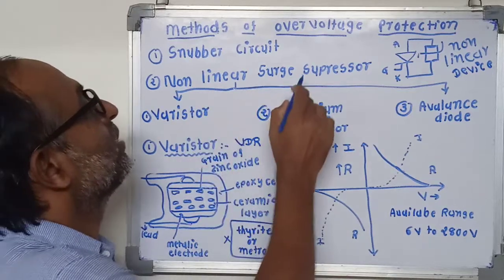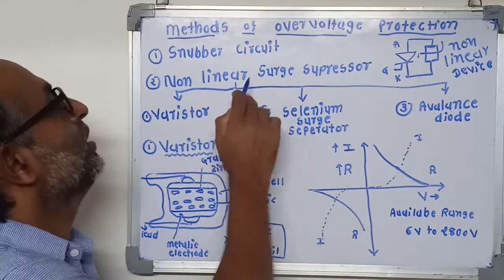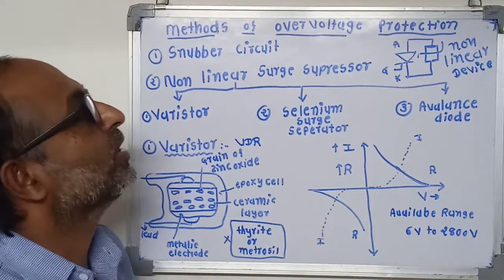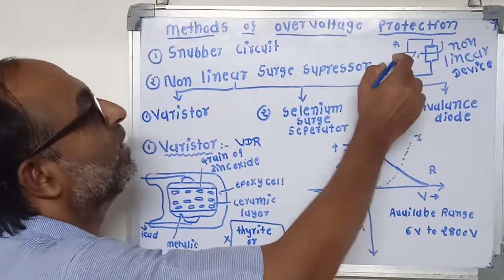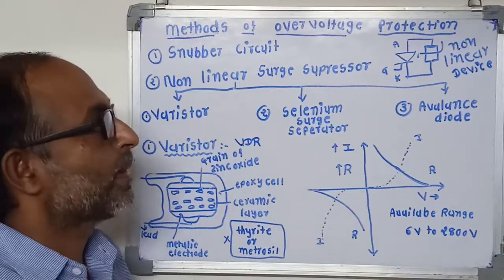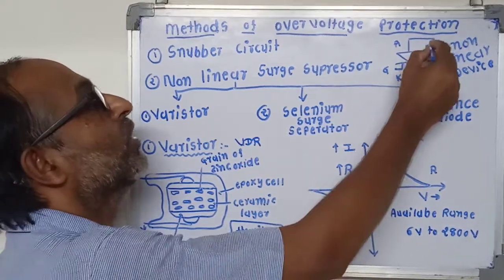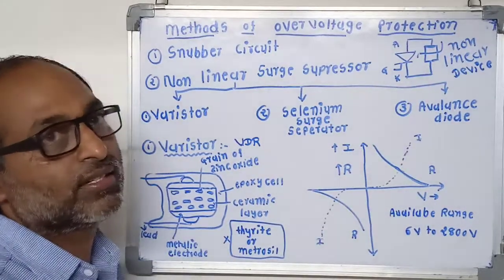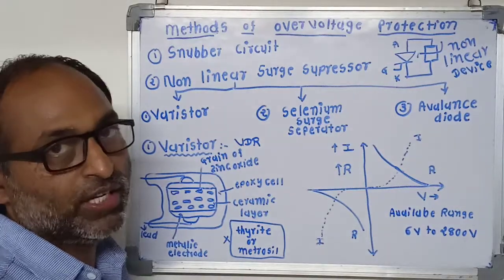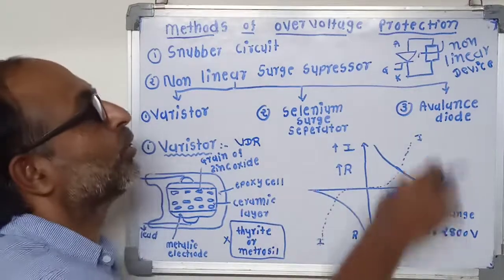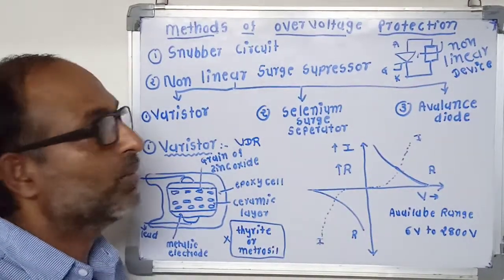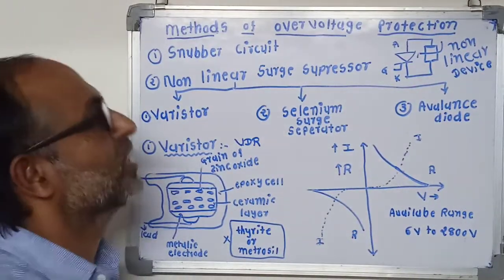Second, non-linear surge suppressor. A non-linear surge suppressor is a non-linear device which is connected in parallel with the thyristor or SCR. It offers very high resistance at normal voltage, hence a very low amount of current passes through it in normal condition.